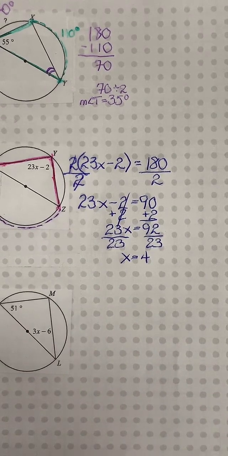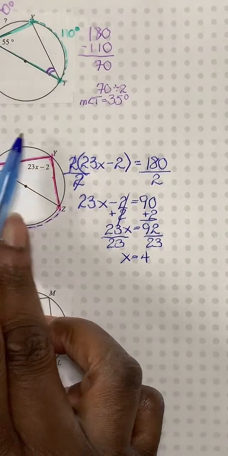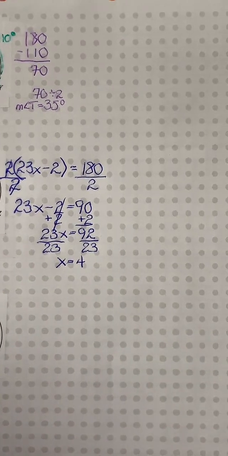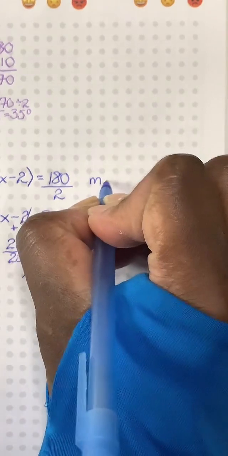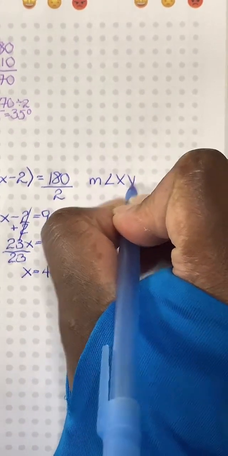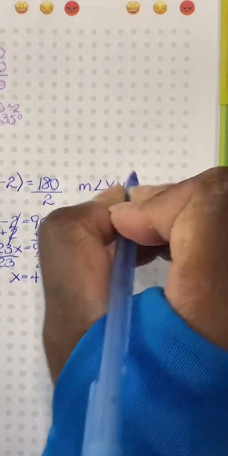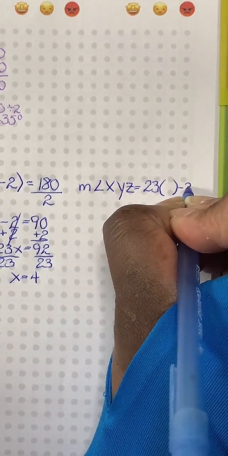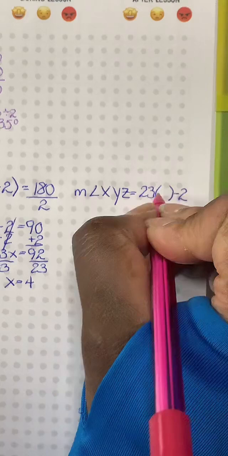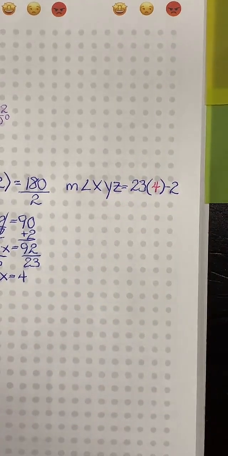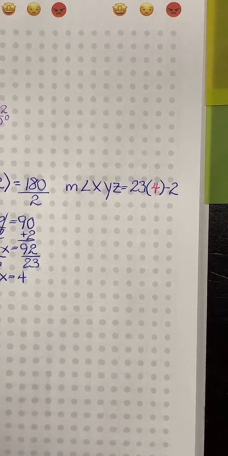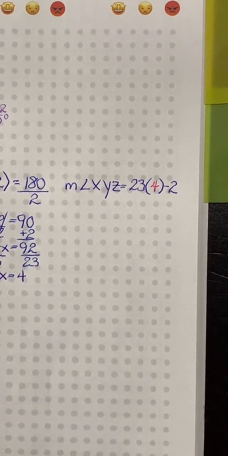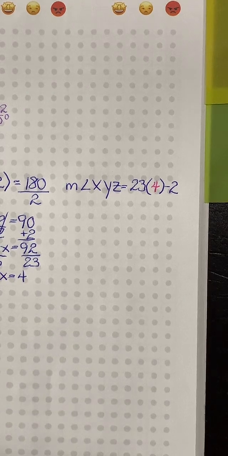But if I want to find the measure of that angle, I need to plug it in. I'm going to plug that 4 in for the x. Thanks, Kate. She's like, not done. I'm like, no. If it says solve for x, then boom, we're done. But if we want to find the measure of x, y, and z, we just have to plug it in.